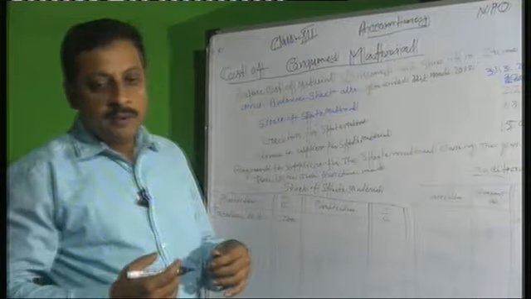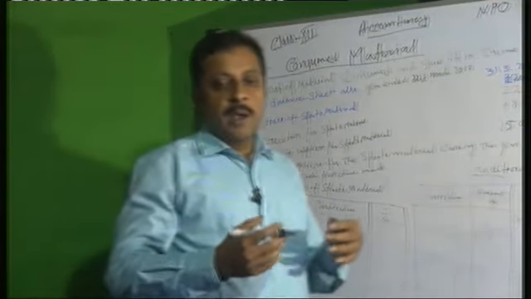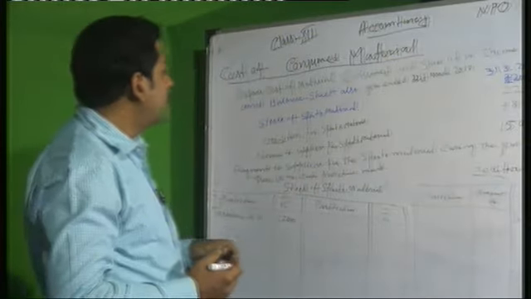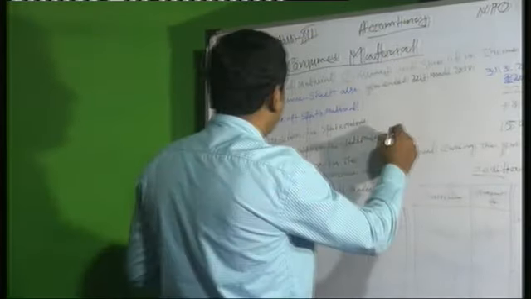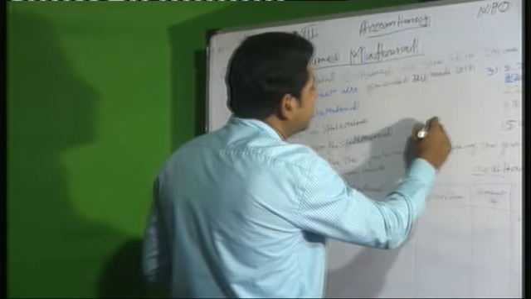So when there is a receivable, this will be your asset. So advance to supplier for raw material is your asset.